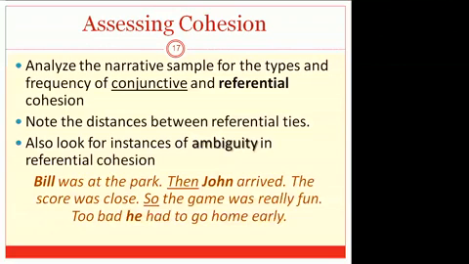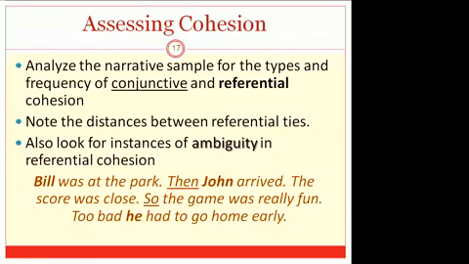We have two characters introduced at the beginning of this story, Bill and John. In the last sentence of this story, we have a referential tie attempted with the pronoun he. Unfortunately, for the listener, it is unclear which character the pronoun he is referring to. We don't know whether Bill went home early or John went home early.